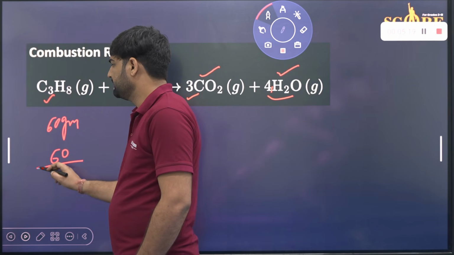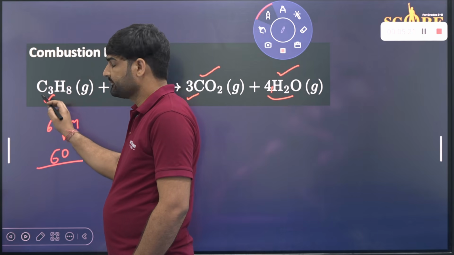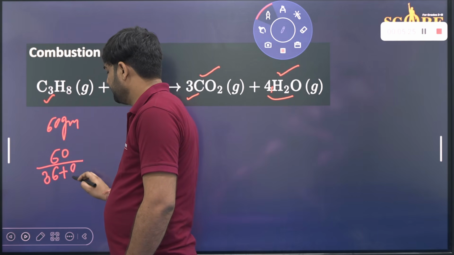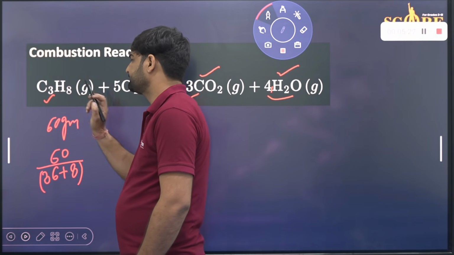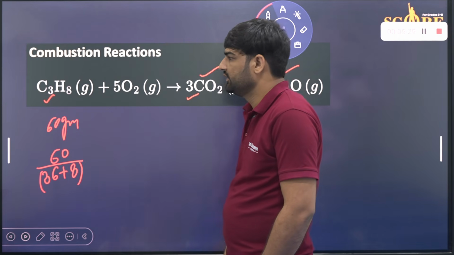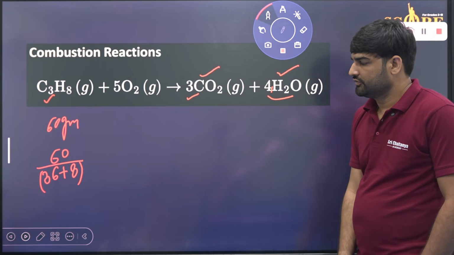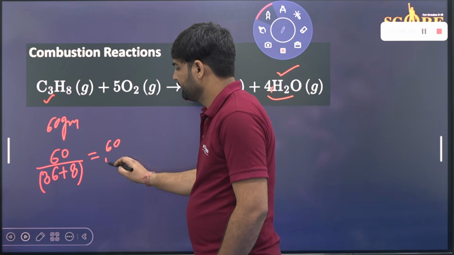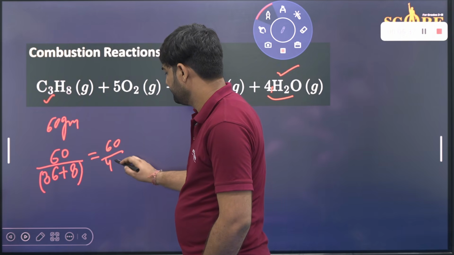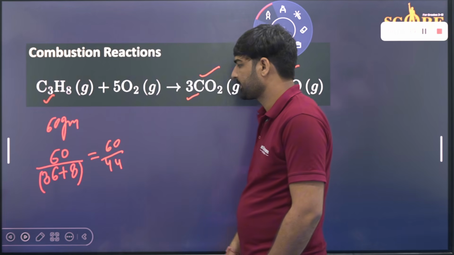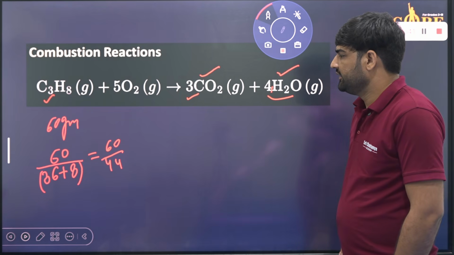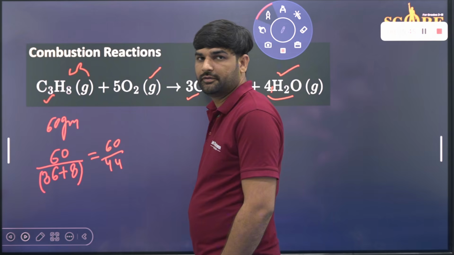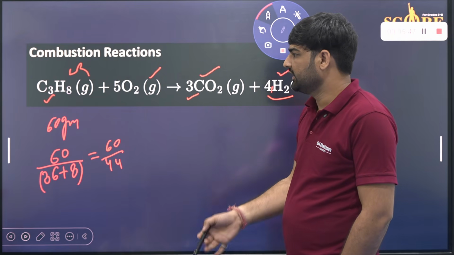The molar mass is carbon 12 times 3, so 36, and 8 for hydrogen. So the moles will be 60 upon 44. And oxygen is in excess, it means this is the LR, limiting reagent. The reaction will proceed in terms of the limiting reagent.